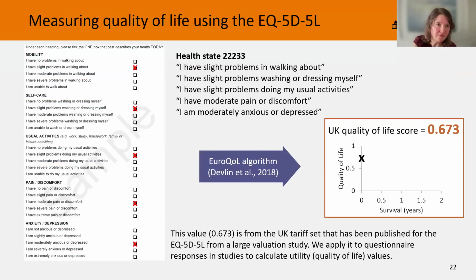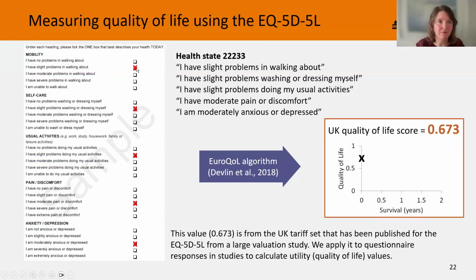So this is the main bit of the questionnaire that you would ask people to fill in trials. This is the EQ5D 5 level. So the 5D means 5 domains: mobility, self-care, usual activity, pain or discomfort, and anxiety, depression. And 5 levels means there's 5 levels of response for each one.